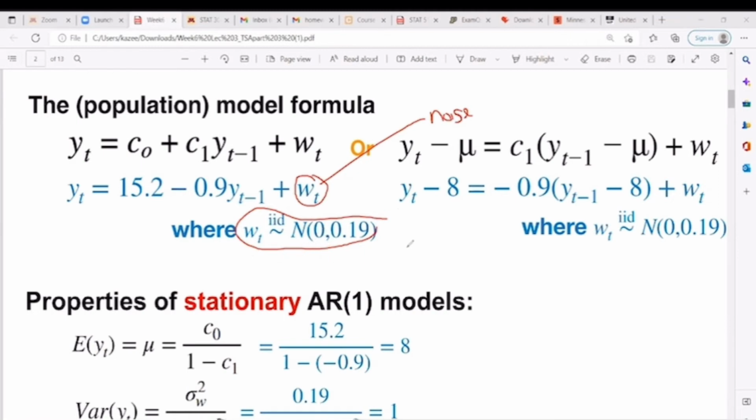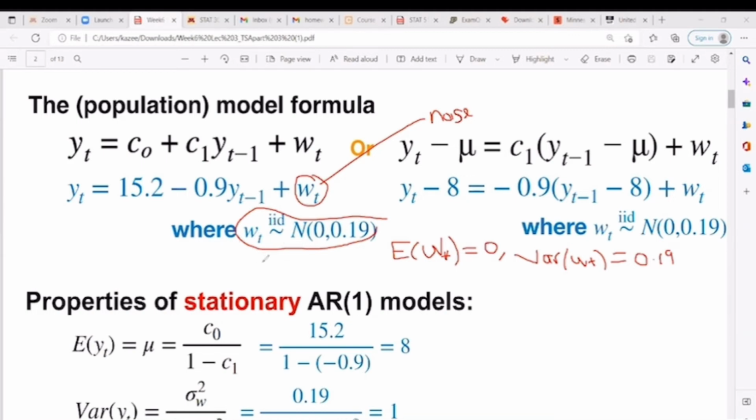The expected value of WT is equal to 0. And the variance of WT is 0.19.